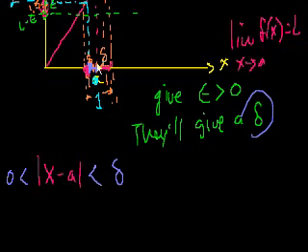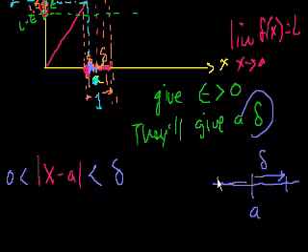So as long as you take an x, if I were to zoom in on the x-axis right here, this is a, and this distance right here would be delta, and this distance right here would be delta.